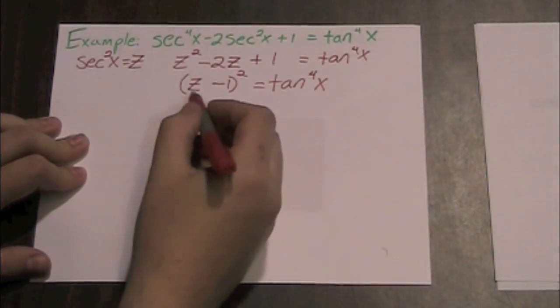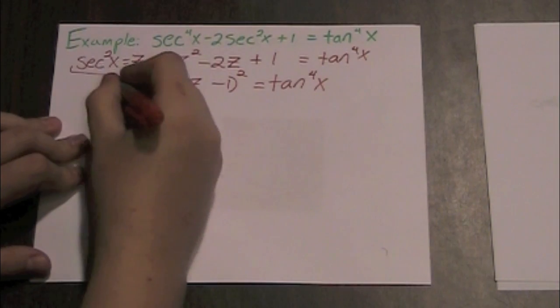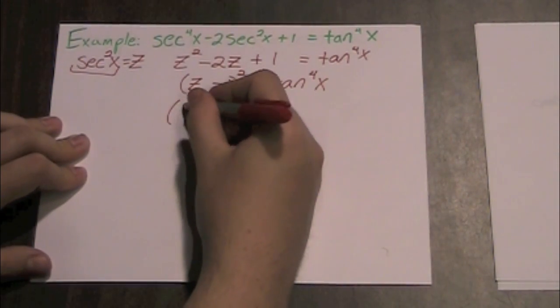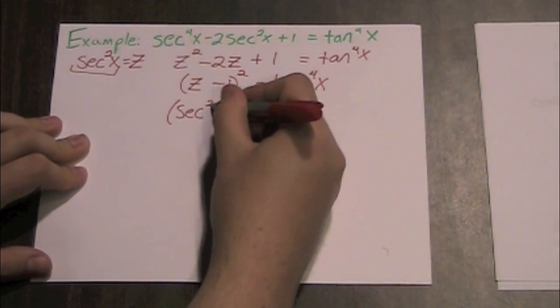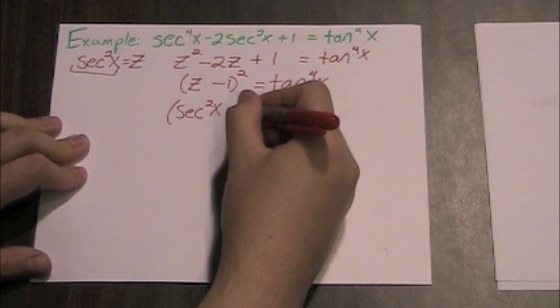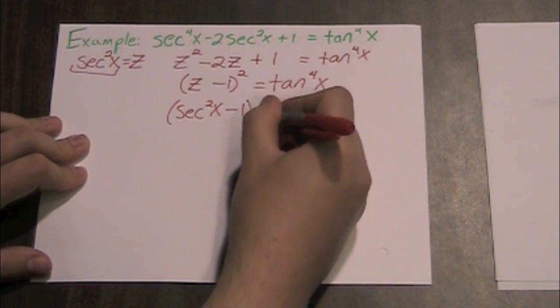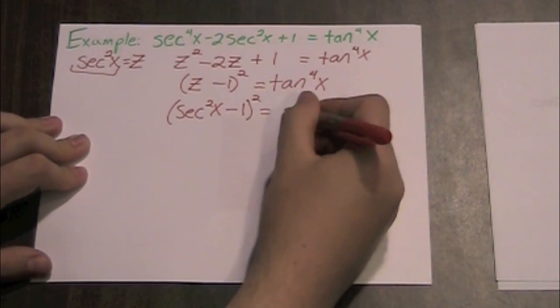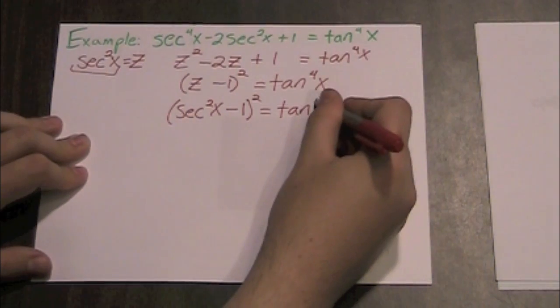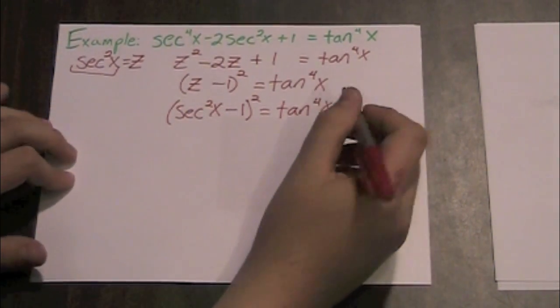Okay, let's plug my z back in, and I've got secant squared of x minus 1 squared equals tangent to the fourth of x.